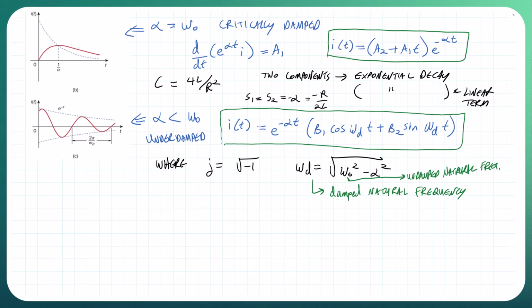Again, you can see the figure on the left there. So a couple things with damping in RLC circuits or networks. The RLC networks can be characterized by the following.